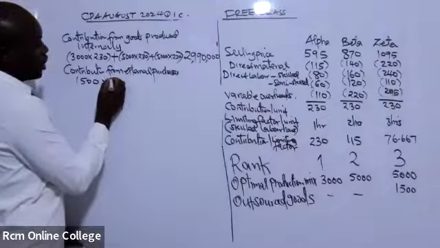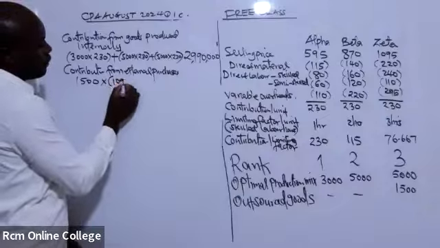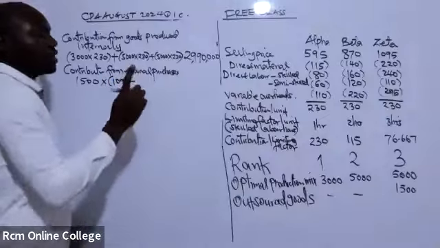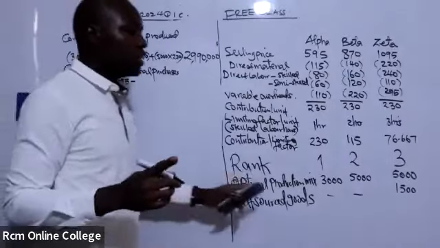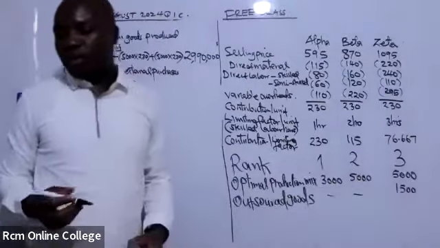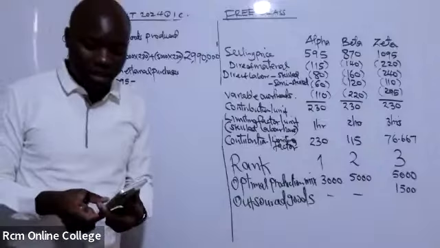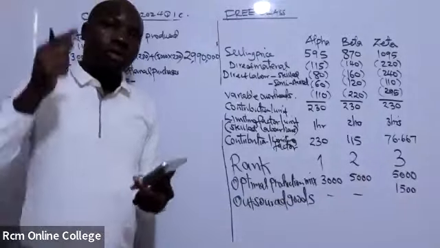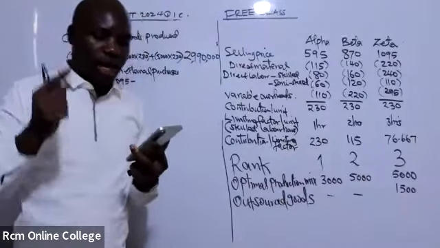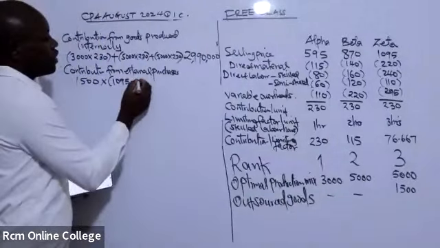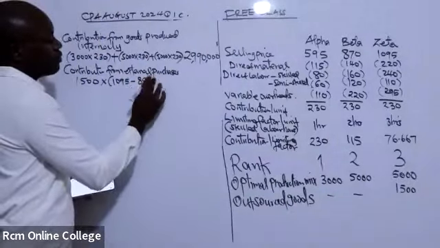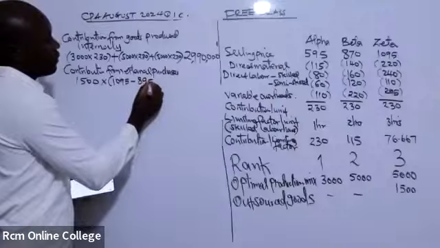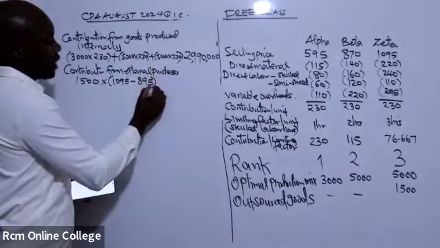So we take 10.95 as the selling price minus all the variable costs related to the outsourced goods. The only variable cost we have is the purchasing price, which is 895. Then I close my bracket.